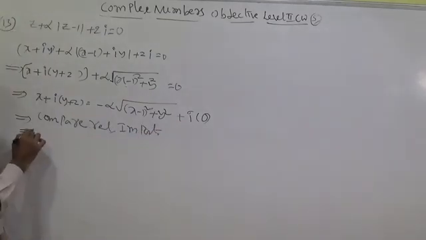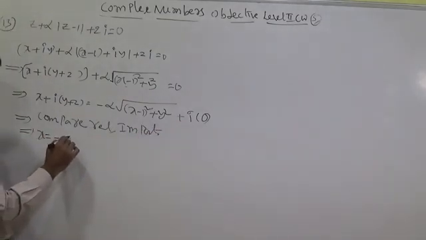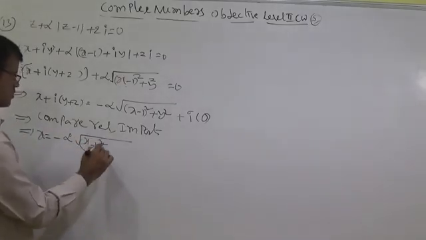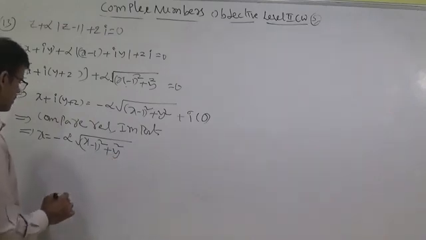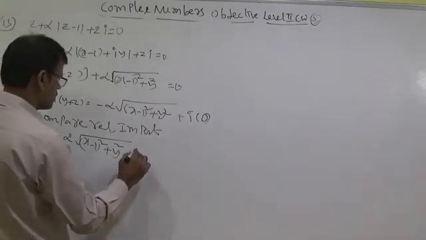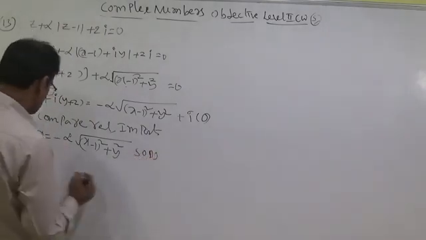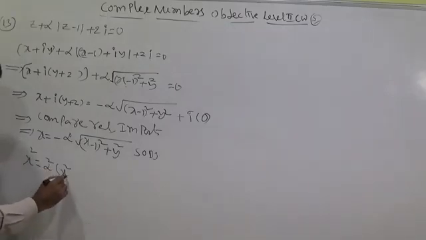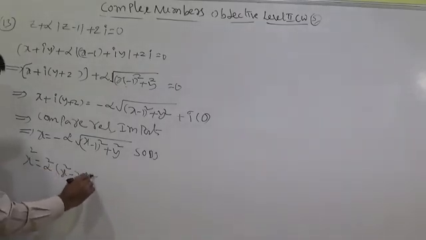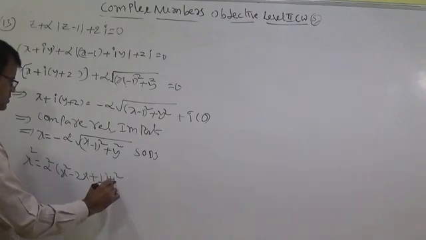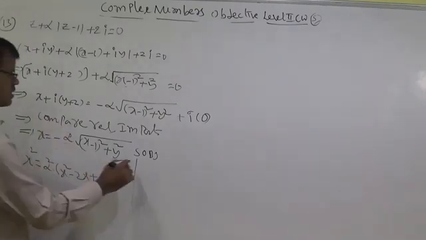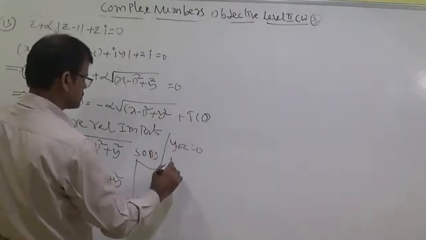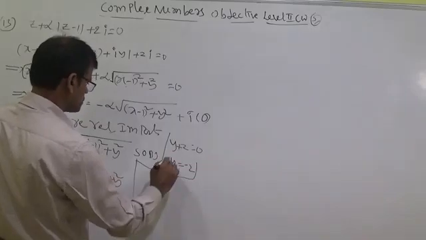That implies x is equal to minus alpha into root of x minus 1 whole square plus y square. Squaring on both sides, we can write x square is equal to alpha square into x square minus 2x plus 1 plus y square. And by comparing the imaginary part, y plus 2 equals 0, so y is equal to minus 2.